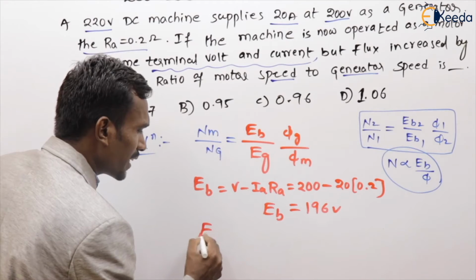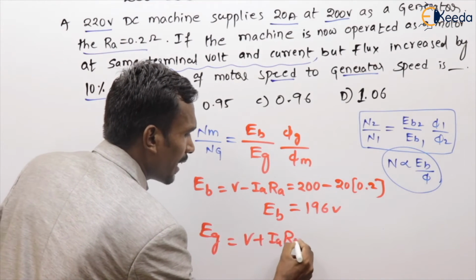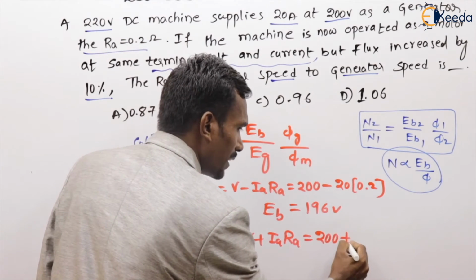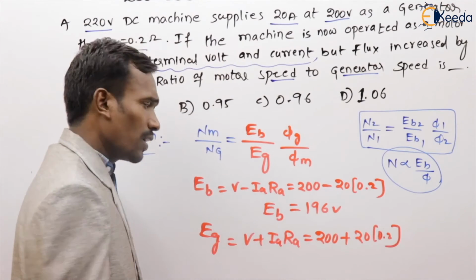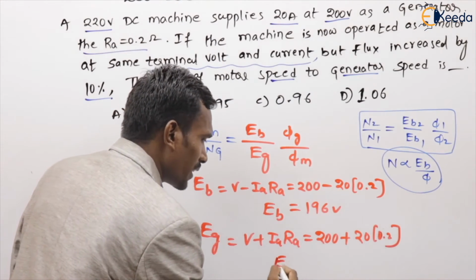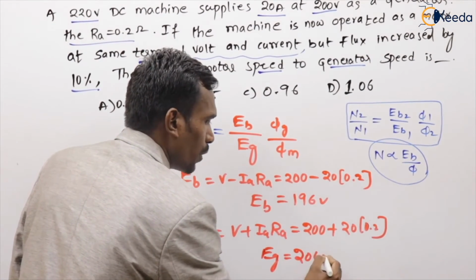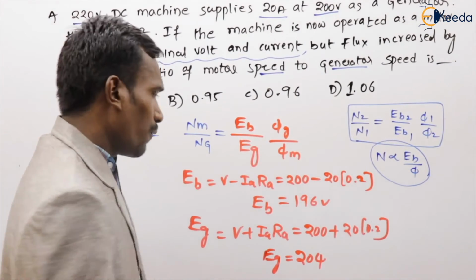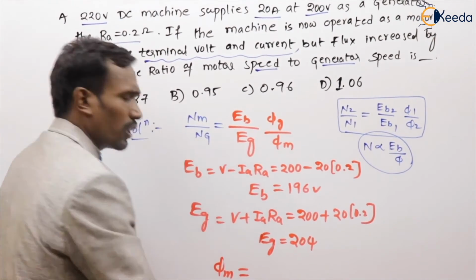What is the generated EMF? Eg is equal to V plus IaRa, that is 200 plus 4. The generated EMF Eg is 204.